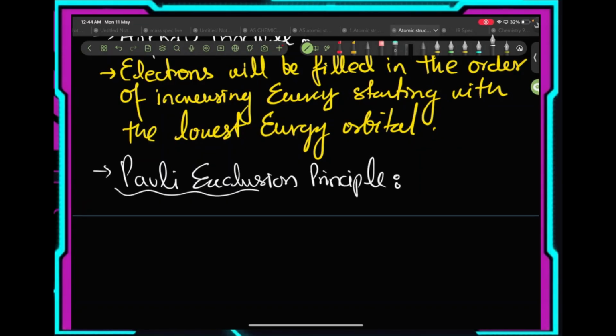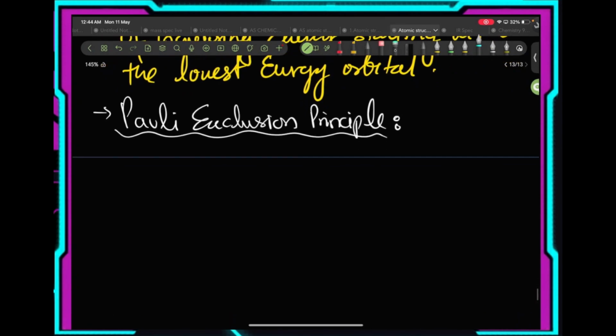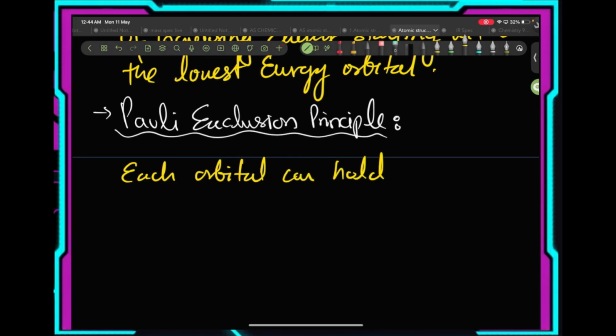What is Pauli's exclusion principle? Now, this principle states that each atomic orbital can hold how many electrons? A single orbital holds how many maximum electrons? Yep. So this principle states something we already know, but it also states something that we don't know right now.